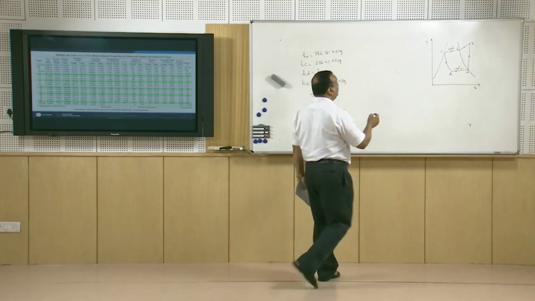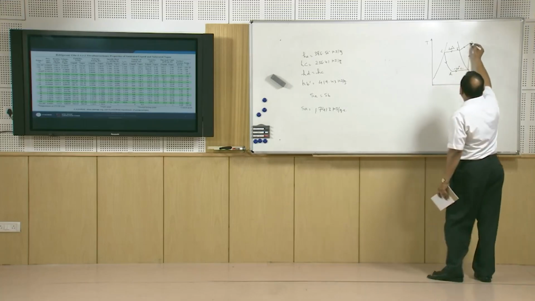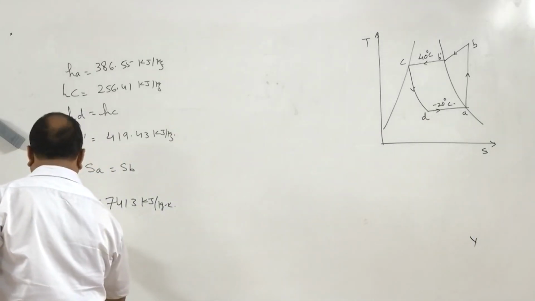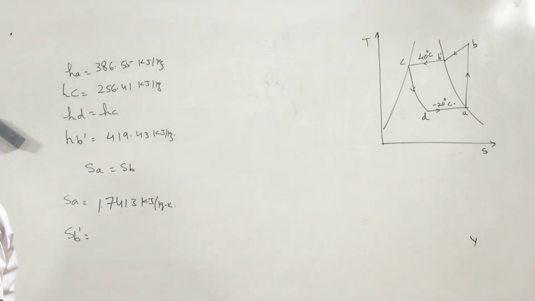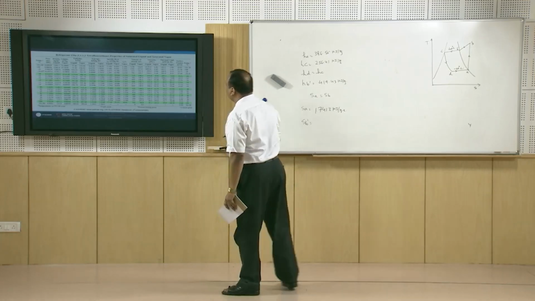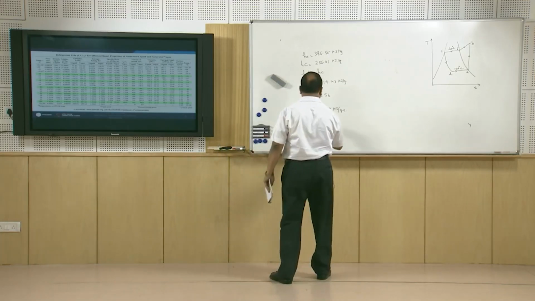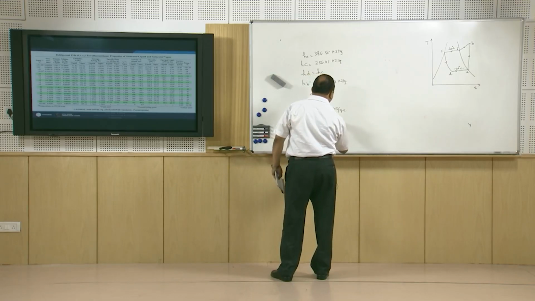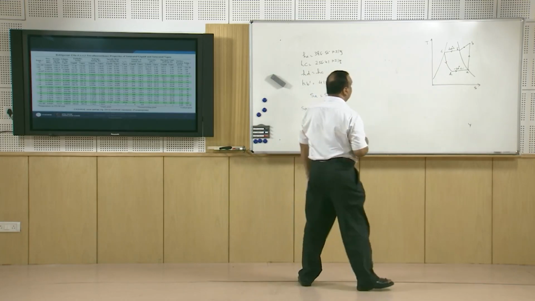Now, this entropy is equal to the entropy at B. We have entropy at B dash. This entropy at B dash is entropy of vapor at 40 degree centigrade, it is 1.7111 kilojoules per kg Kelvin.